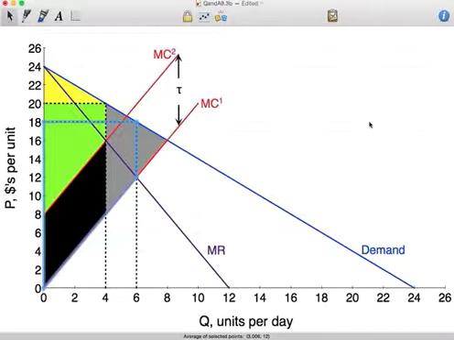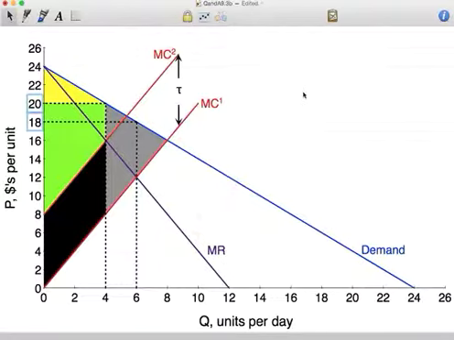Now, in terms of the burden of the tax, remember what happened. Remember that the tax was $8 per unit. What happened to the price? The price went from $18 per unit to $20 per unit. So the consumers, because of the imposition of the tax, see their price go up by $2. So the $2 divided by the tax, 2 divided by 8, is 25%.